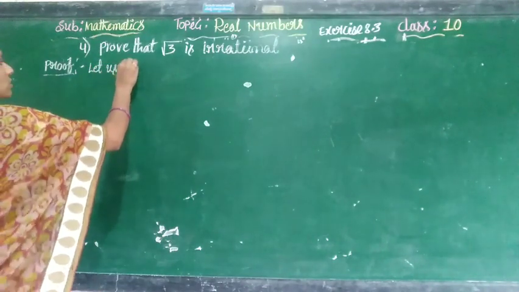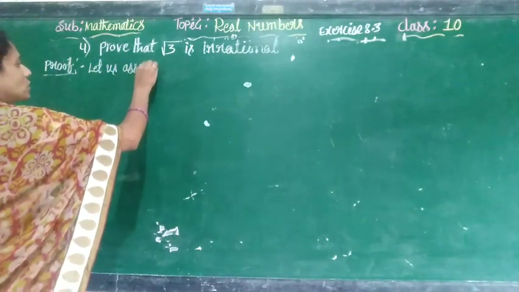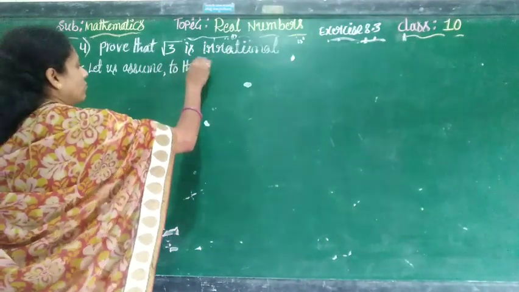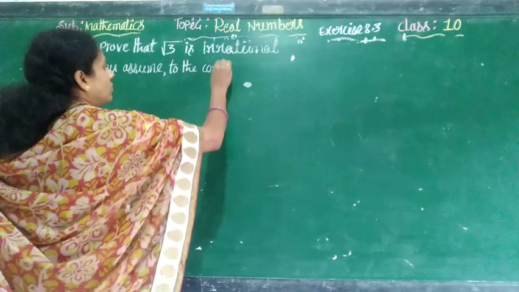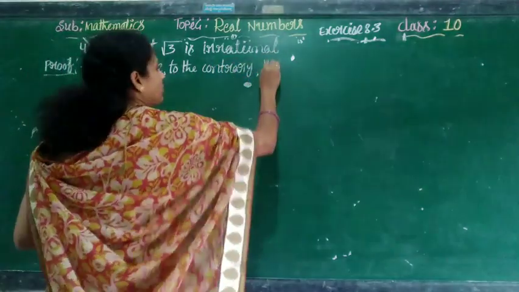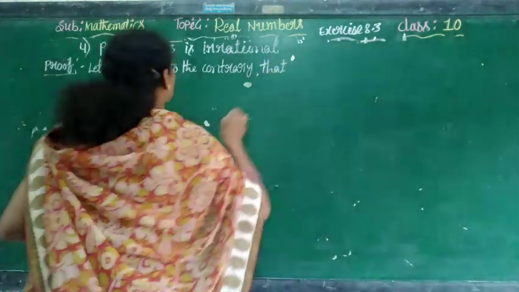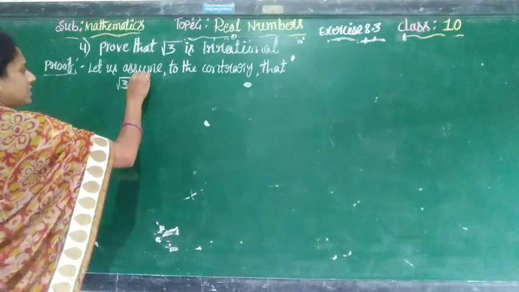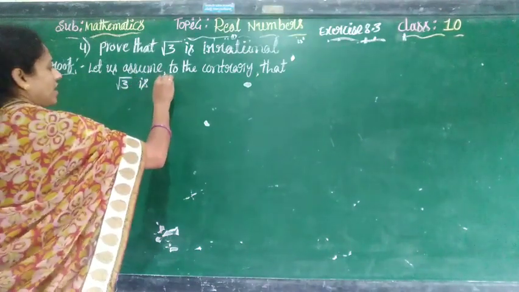Let us assume to the contrary that root 3 is rational.